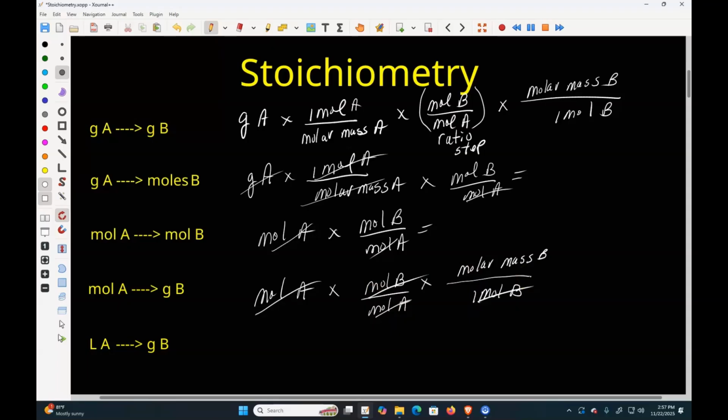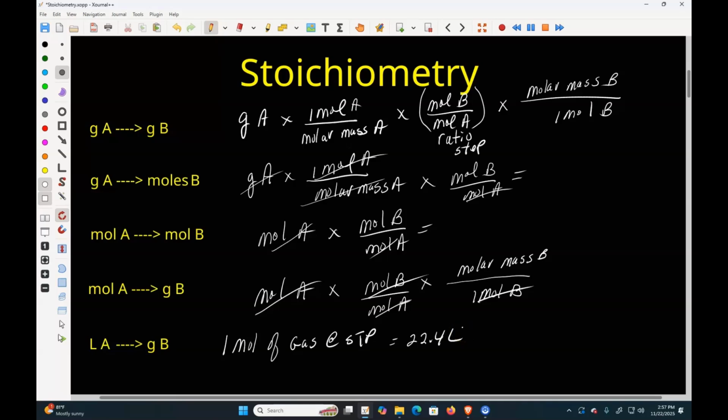All right, liters of A to grams of B. 1 mole of any gas at STP, which is standard temperature and pressure, is equal to 22.4 liters. That will be the volume of it.